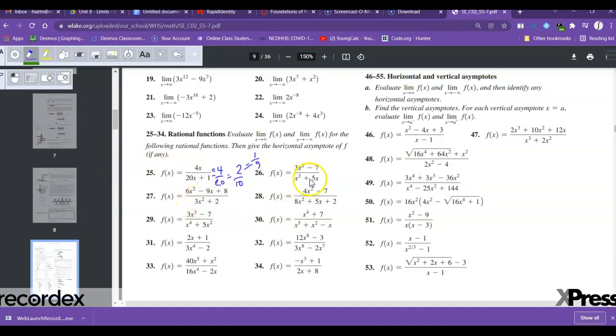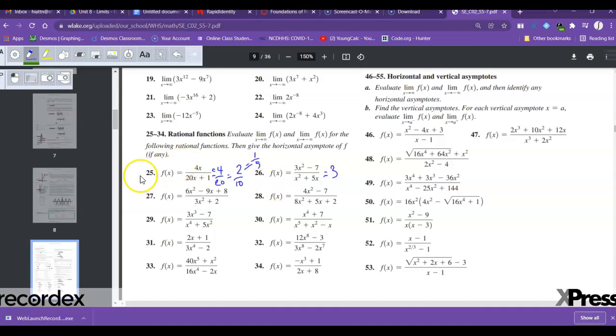For 26 here, I've got an x squared and an x squared, so I know those are my highest exponents, top and bottom. They're the same, so I just divide my coefficients. That's going to be a 3 divided by the understood 1 that's here, so I end up with just 3 for that answer.